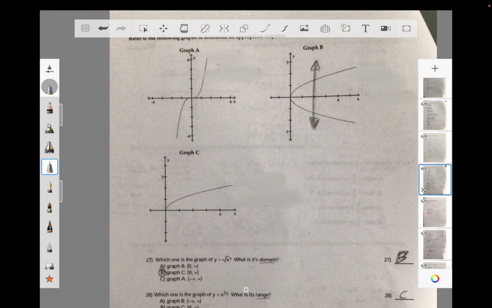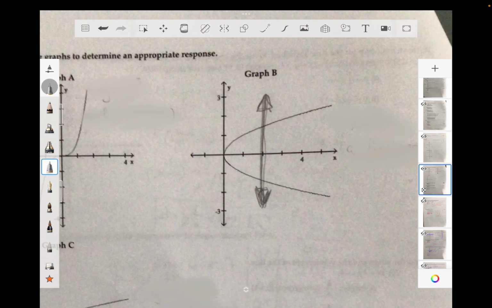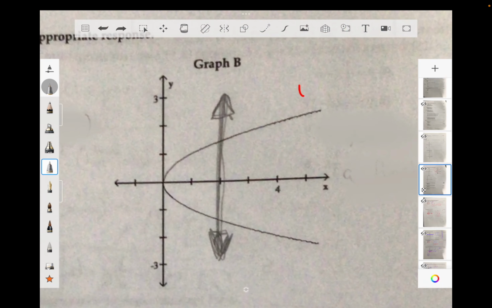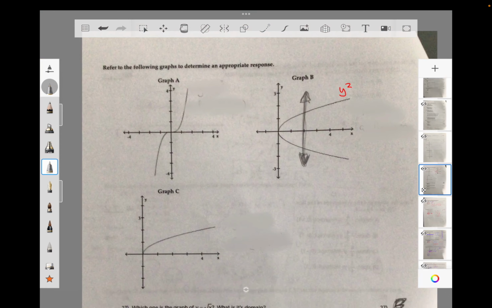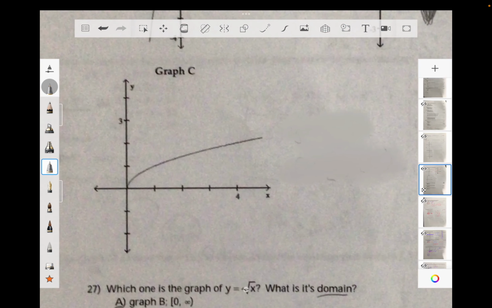Okay. So remember when I said x squared is this graph and y squared is this graph? Remember that. So this one has to be y squared already. This one's another popular graph. It's y equals root x.